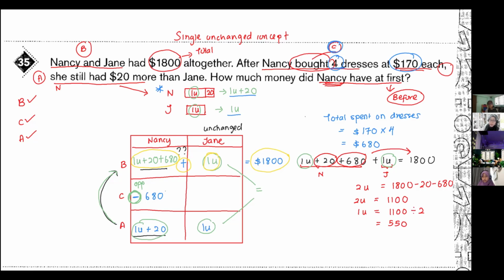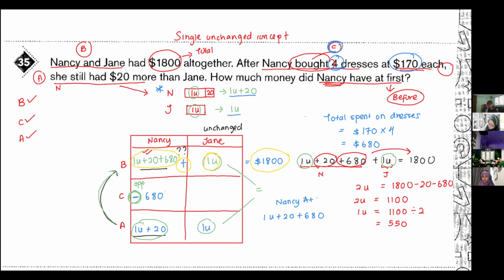I do not stop there because what do I want? My question mark says I want Nancy at first, which is actually 1 unit plus 20 plus 680. This is Nancy before, okay? The before for Nancy, or at first.